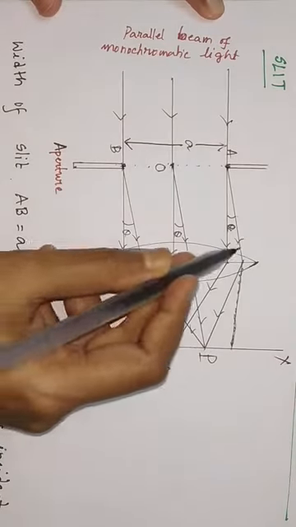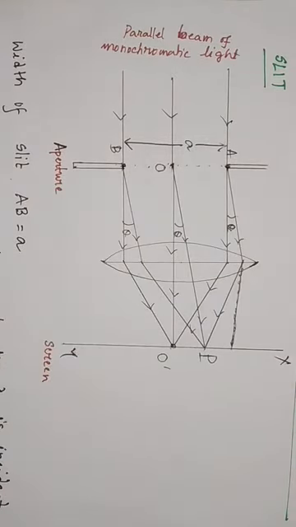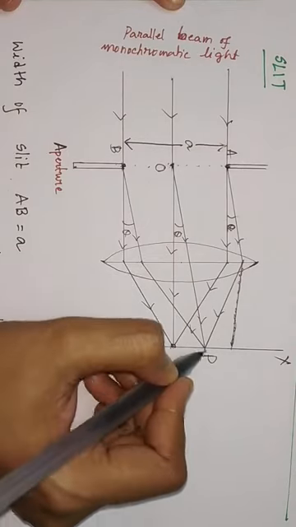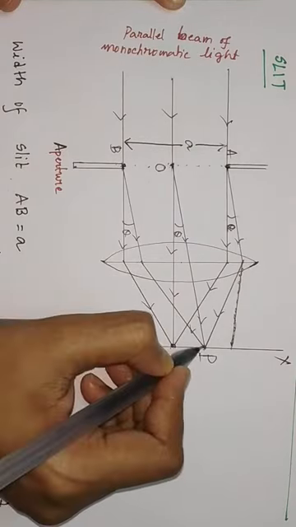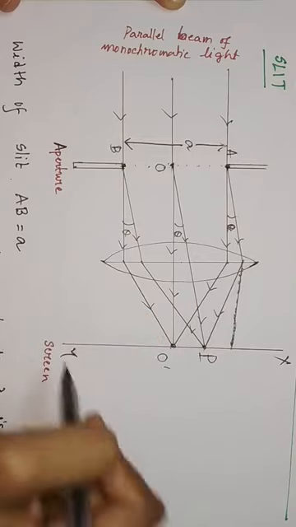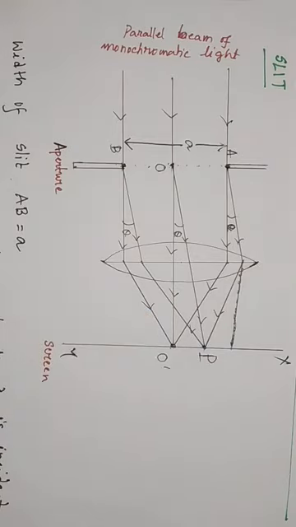All the rays which are diffracted by the same angle theta will again meet at the same point. Suppose this point is P, which lies on the screen XY. So the rays which are diffracted by the same angle, after passing through the lens, will be focused at the same point on the screen.